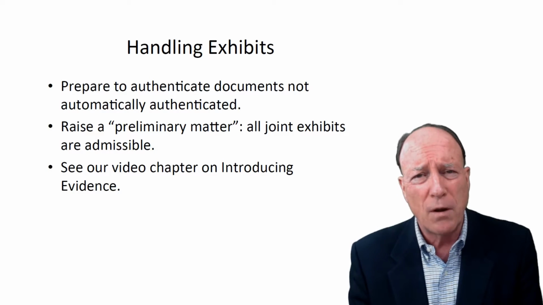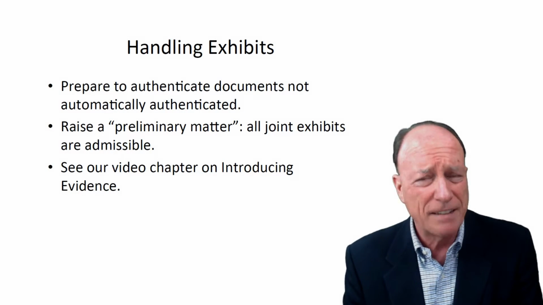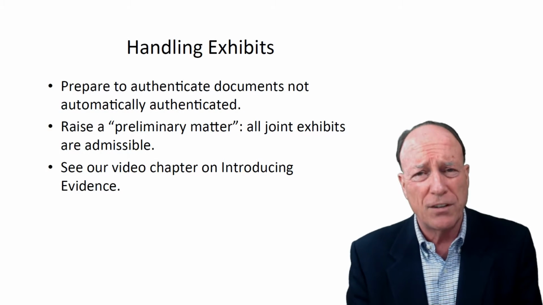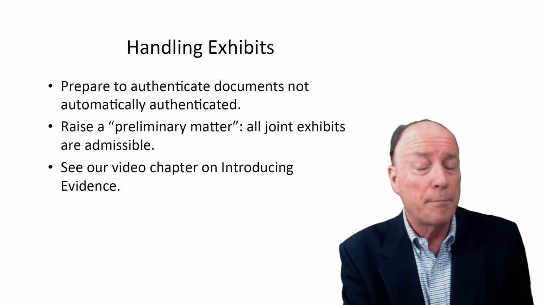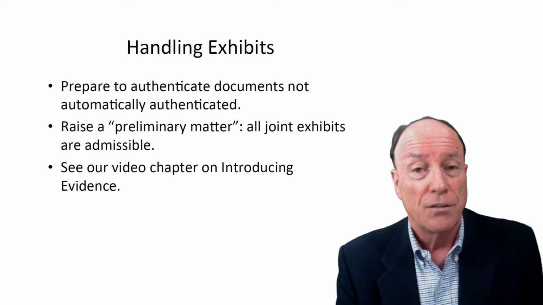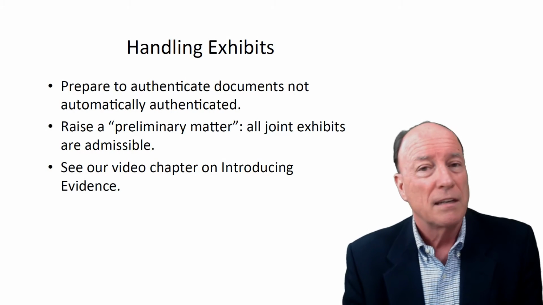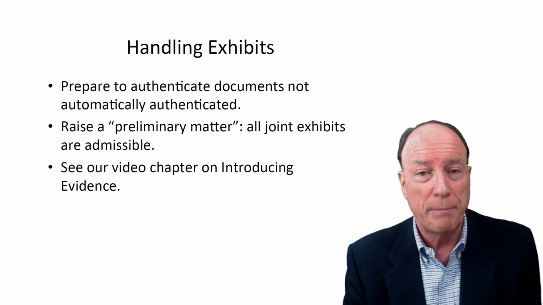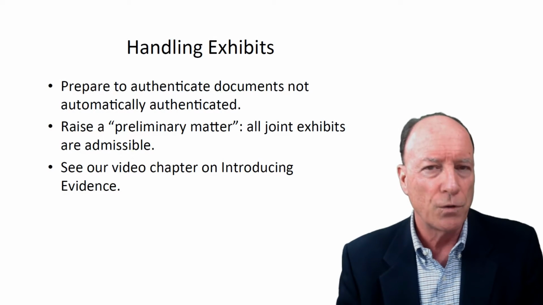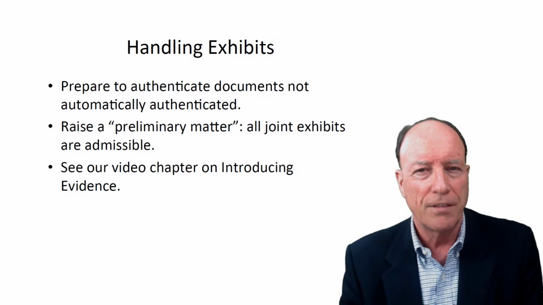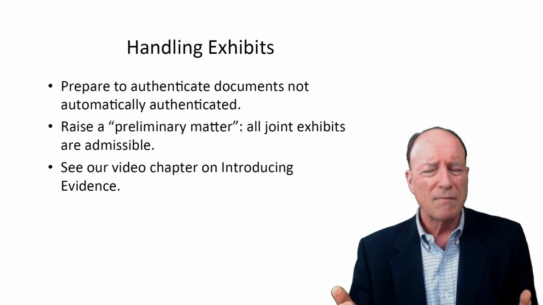Be prepared at that point to ask if there's any questions or objections, and if not, simply hand a copy of the set of joint exhibits that you've brought to each of the members of the arbitration panel, one to the other side, and then you have a copy that you will use for examination of your witnesses.